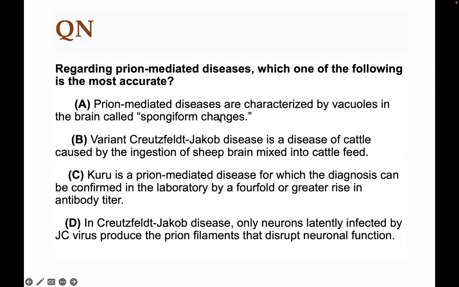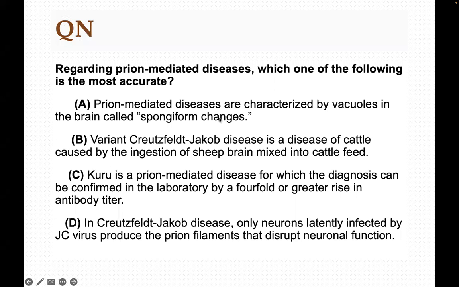Kindly elaborate on sporadic. When I say sporadic, what I mean is it's just point mutations that happen on normal somatic cells. We have somatic cells, and then we have germ cells. If a mutation of the gene encoding for the prion protein happens on the germ cells, then it becomes hereditary in that it can be transferred from one person to another.